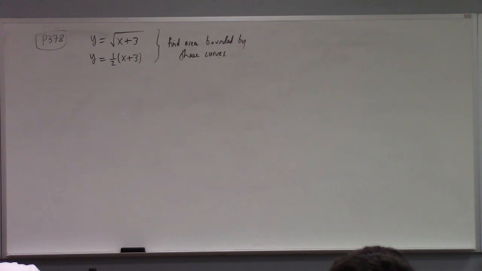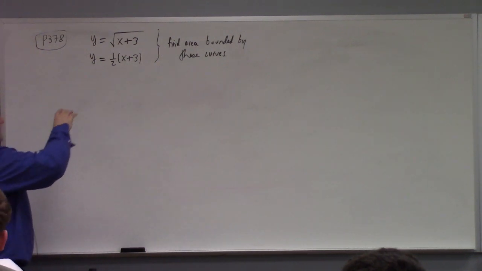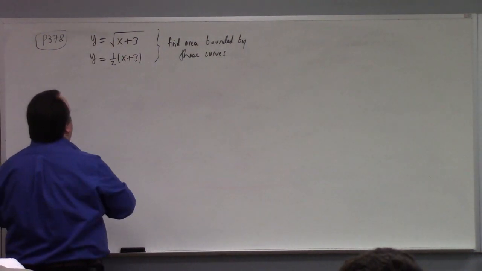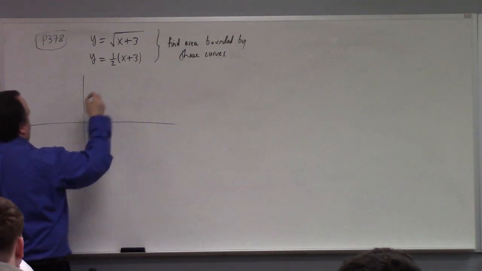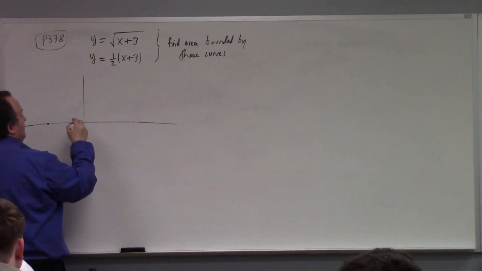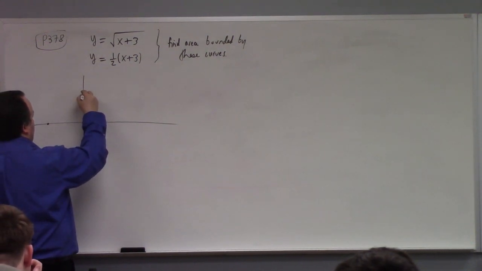The funny thing is when we replace x with x plus a, it shifts it a units to the left. You can see this because if you plug in -3, you get 0, right? So the vertex of the square root function, and of course you can think of this as half of a sideways parabola, is at -3, right? And when you get 0, it's like square root of 3, which is like 1.7.